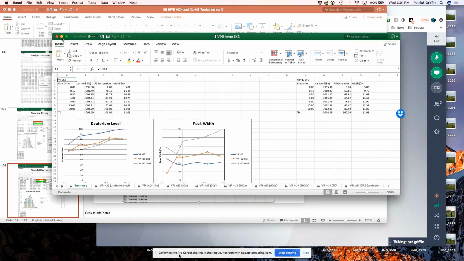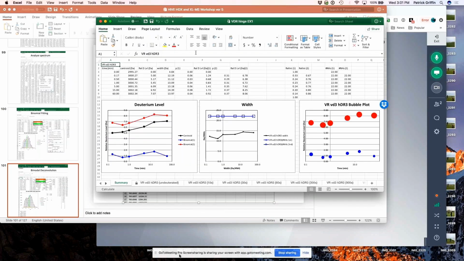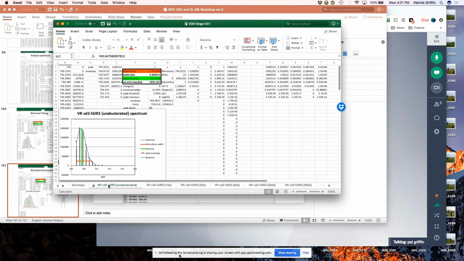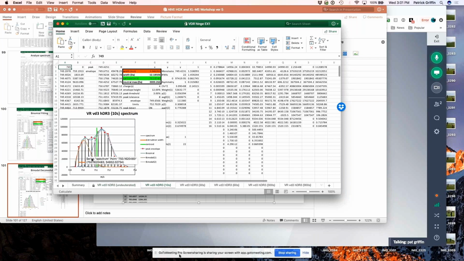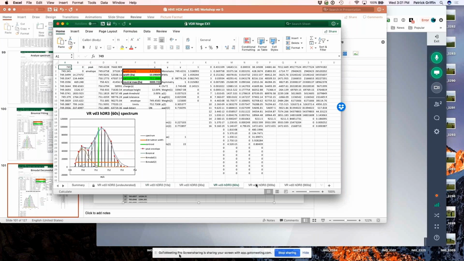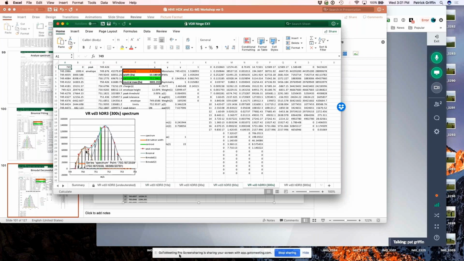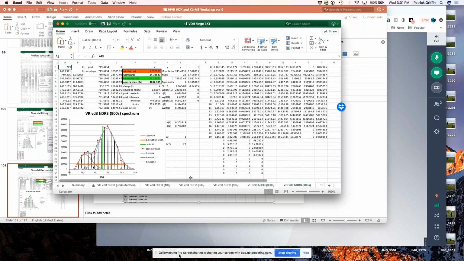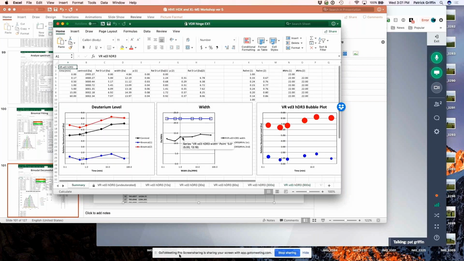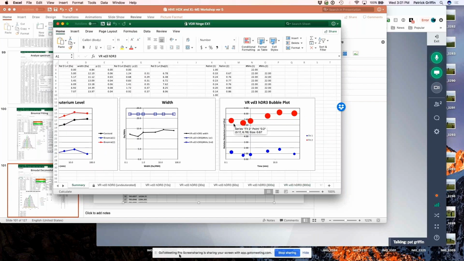This is EX2. And this is EX1. In EX2, the undeuterated isotope distribution should look the same. However, with a bimodal distribution, you have the first envelope and the second envelope. As time goes by, you will see the first envelope become smaller and the second envelope become larger. Finally, you can have a summary of this in a plot which we call the bubble plot.